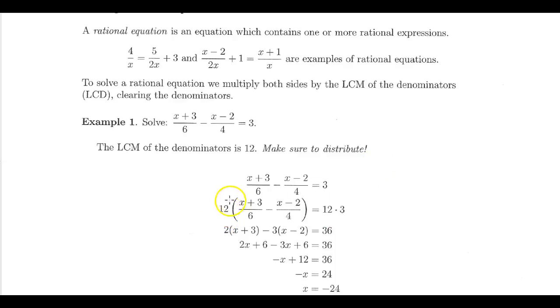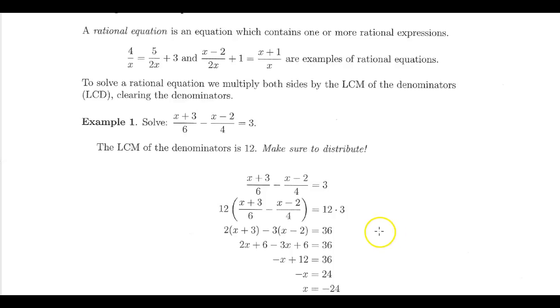I need to take 12 times the x plus 3 over 6 minus 12 times the x minus 2 over 4. 6 goes into 12 twice, so I'll have 2 times x plus 3. 4 goes into 12 3 times, so I'll have minus 3 times x minus 2, and 12 times 3 is 36. Now I can solve the equation like I usually do.